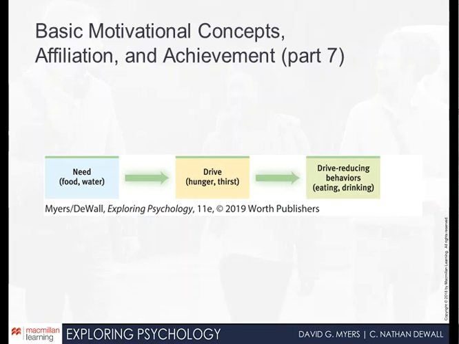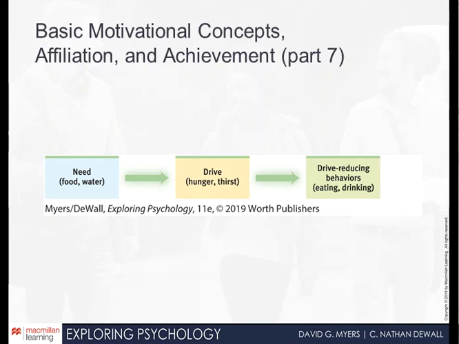Then we have the drive reduction, and how we want to see this works. First, we have this physiological need that exists within us, a need for food or for water. This physiological need then causes us to have a drive, something that pushes us to want to get something, and that is going to be the drive of hunger or thirst, a state of discomfort usually, because when you're really hungry or really thirsty, we don't like that feeling, and it causes this drive in us, this discomfort that we want to change.